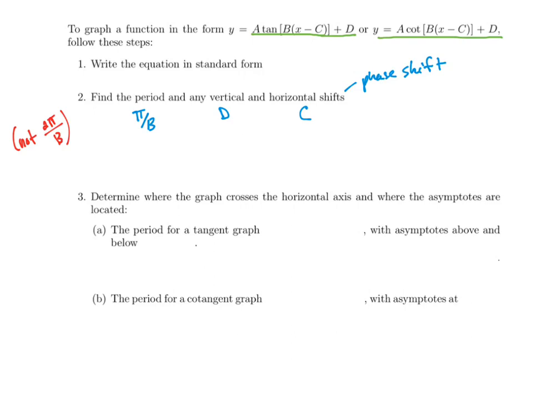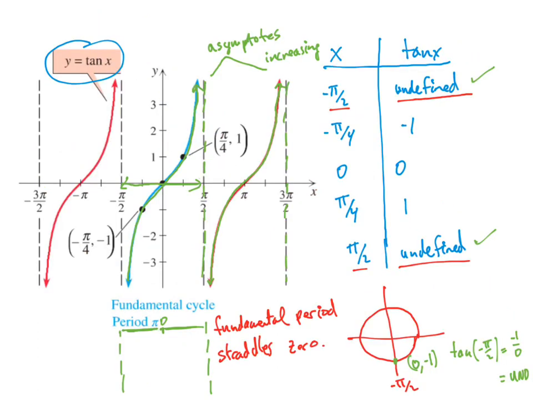So the period for a tangent graph, what I said is that it straddles 0 with asymptotes above and below 0. So let's go back to the tangent graph. So what we see is this first period, I'm drawing the asymptotes. So I have this length right here is the period length. Half of the period is below 0, half is above 0, and then I have the asymptotes at the beginning and at the end of that first period.